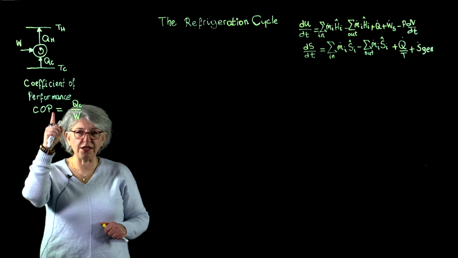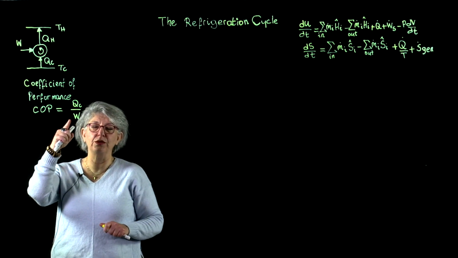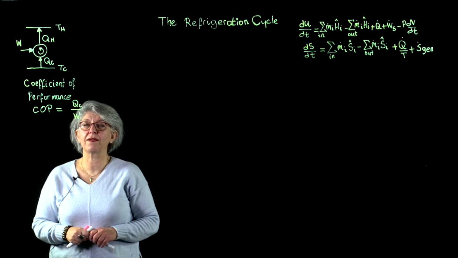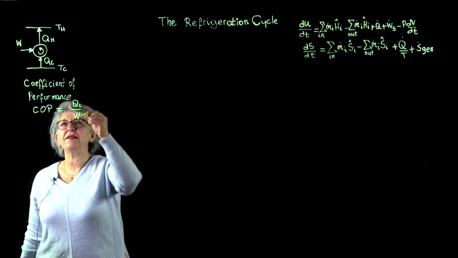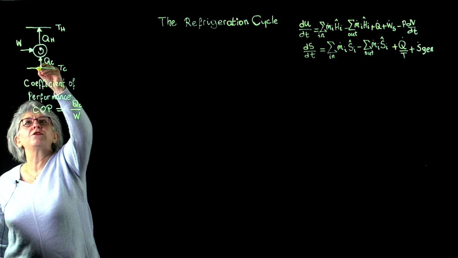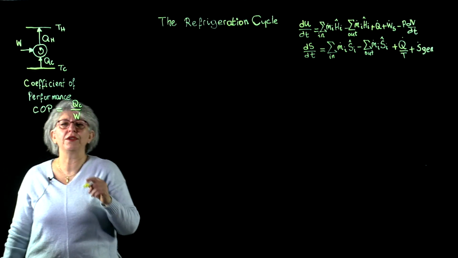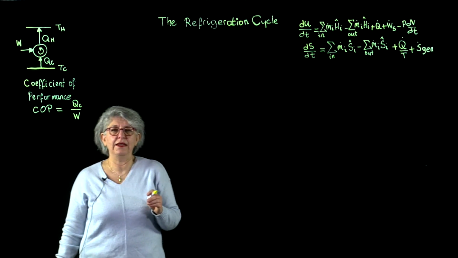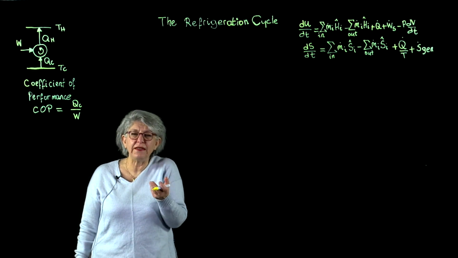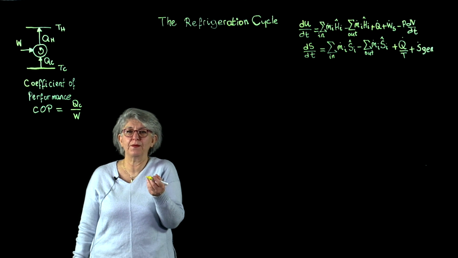This refrigeration cycle is going to be based on the capacity to absorb heat at lower temperatures and the capacity to release heat at higher temperatures.